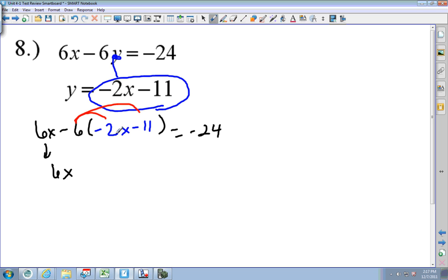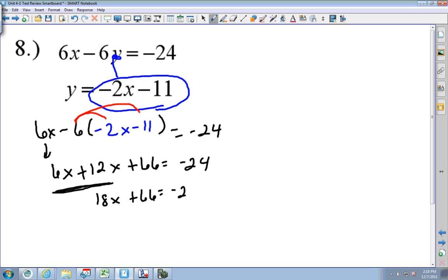I have negative 6 times negative 2 plus 12x, negative 6 times negative 11 plus 66 equals negative 24. Put your x's together. That's 18x plus 66, and it equals negative 24. Subtract 66 from each side.